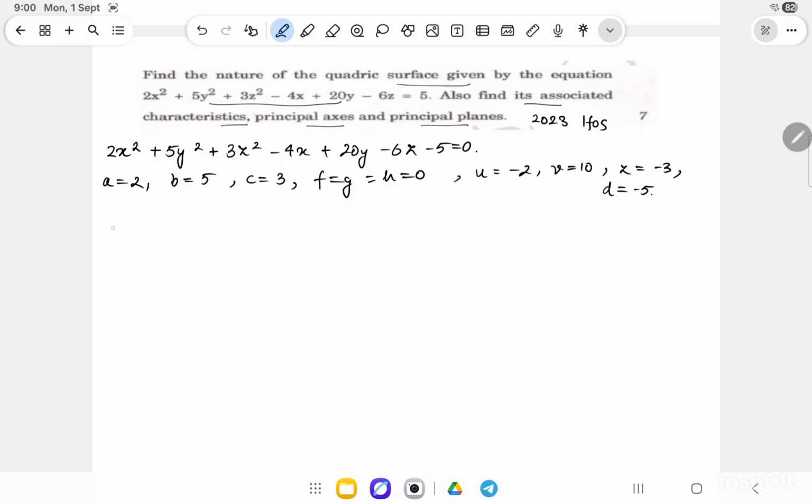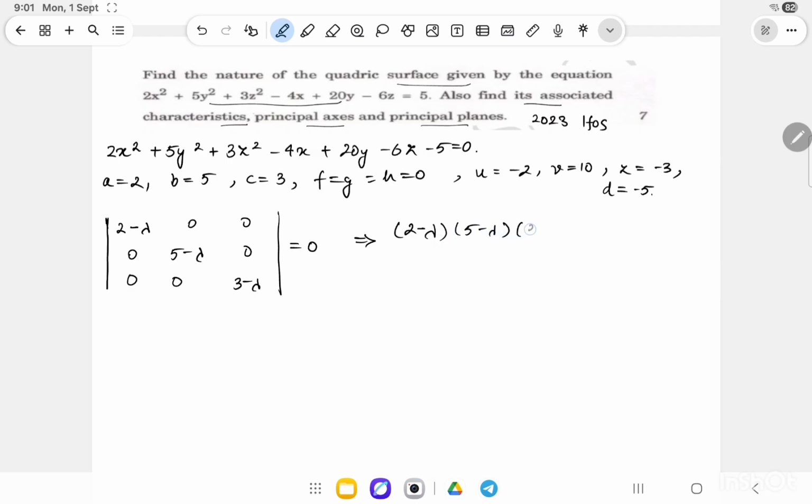So let's just find out the discriminating cubic and see what its roots are. So if I just substitute, I'll be getting 2 minus lambda, 5 minus lambda and 3 minus lambda, and f, g and h terms are basically 0. So from here I got my discriminating cubic as 2 minus lambda, 5 minus lambda, 3 minus lambda equals to 0.